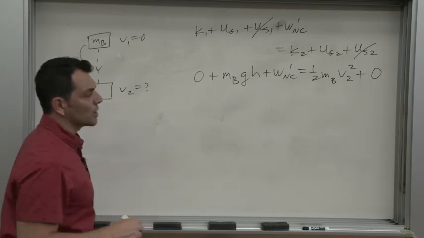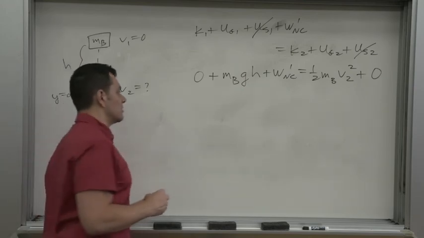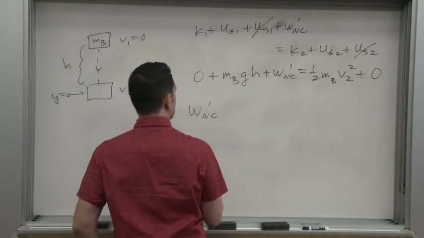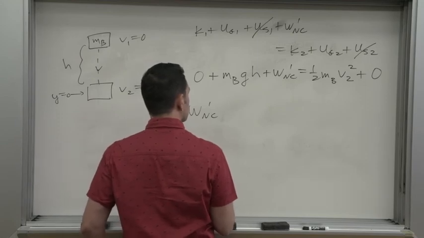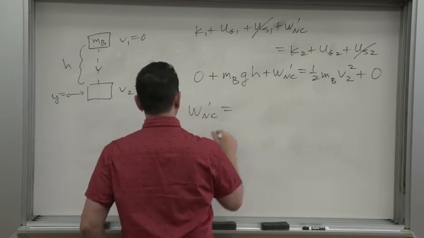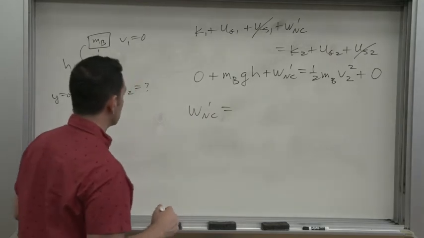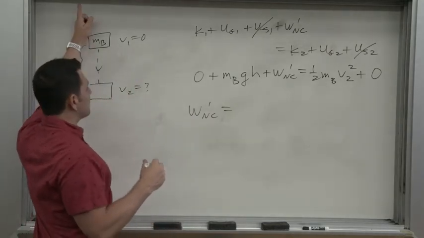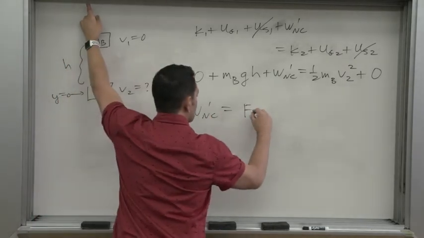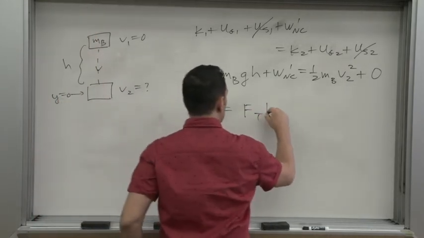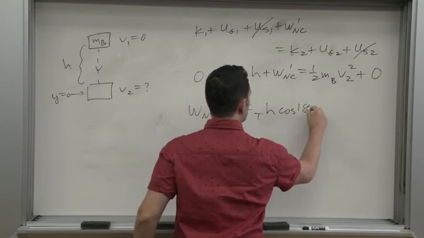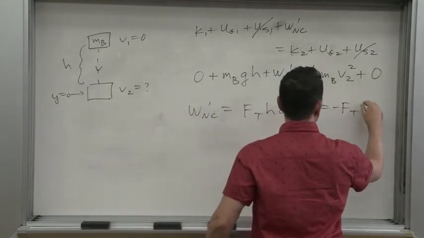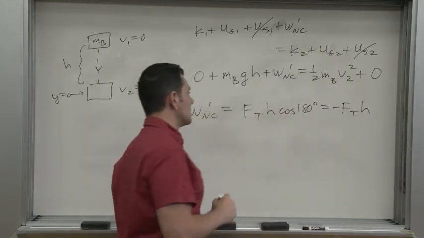So now what's work non-conservative prime equal to? Work non-conservative prime is equal to tension is acting up, displacement is down, times cosine of 180 degrees, which becomes minus Ft times h.